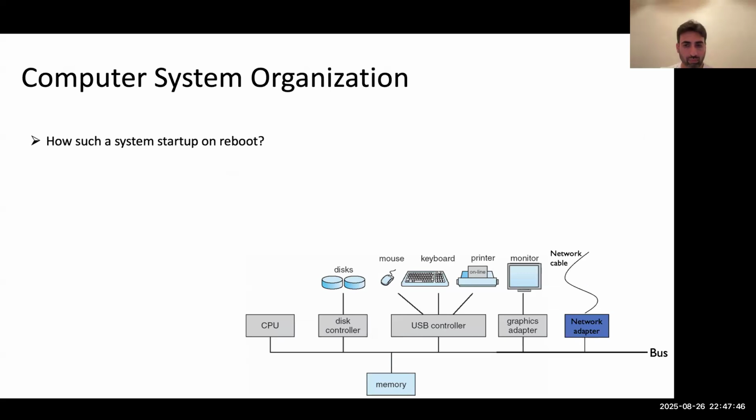Okay, so let's try to answer some questions related to a typical computing platform. If we have a computer system as shown in the figure, let's ask what happens when such a system is rebooted.